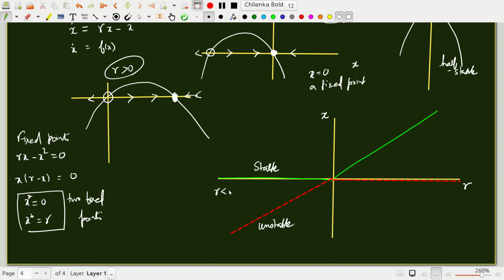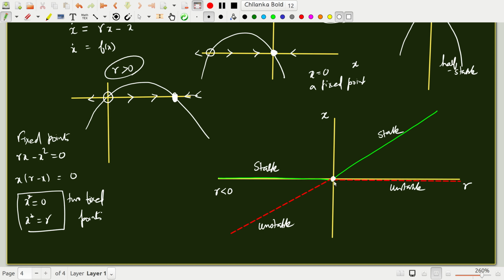For r less than 0, x star equal to 0 is a stable fixed point, x star equal to r is the unstable fixed point. Whereas for r greater than 0, x star equal to r becomes the stable fixed point, and x star equal to 0 becomes the unstable fixed point.